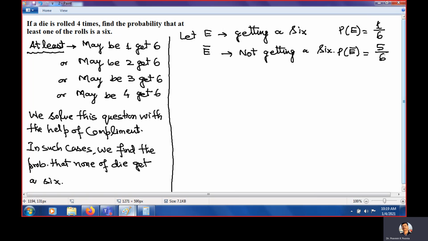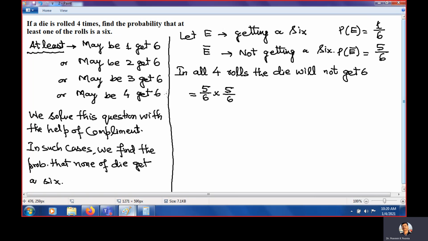Clear? So in all 4 rolls, the probability that the die will not get a 6 is the probability of the first not getting 6, the second not getting 6, and so on, that you can call the probability of E bar.